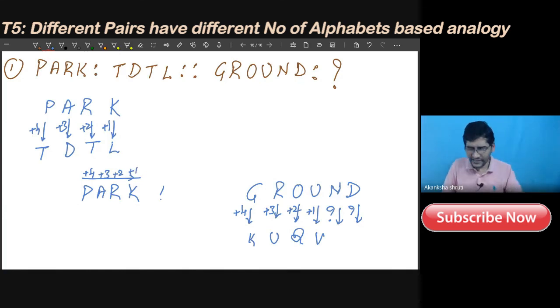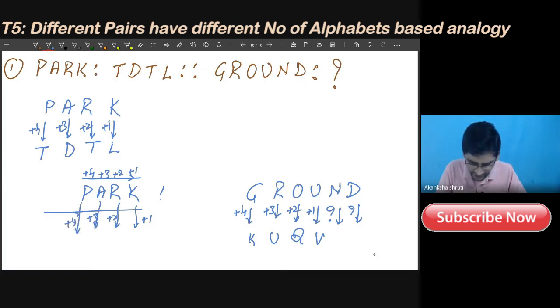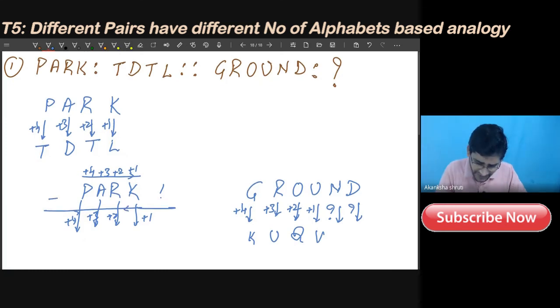But if we think in reverse fashion, from this K I have to add 1, here I have to add 2, here I have to add 3, here I have to add 4, if we are thinking from right end to left end. Then even if something is coming here, I need to go for +5, +6, so on.